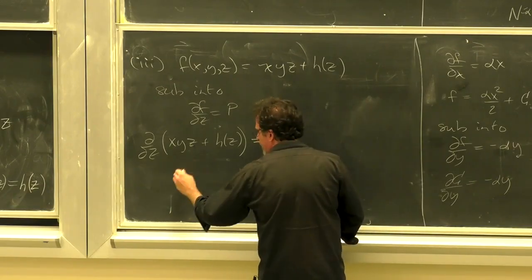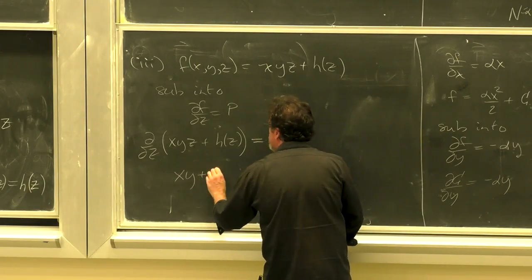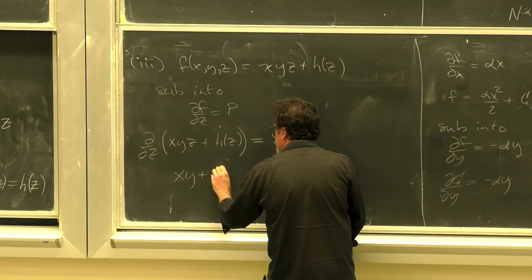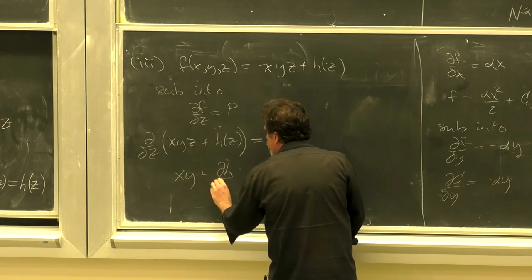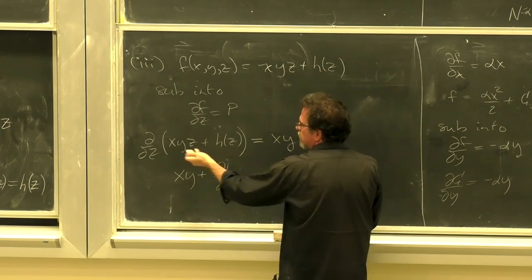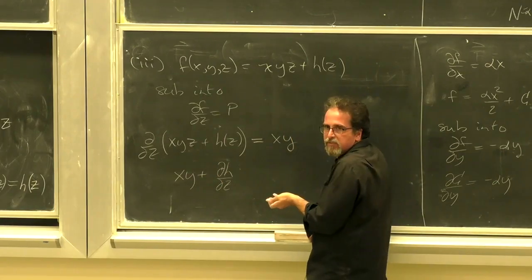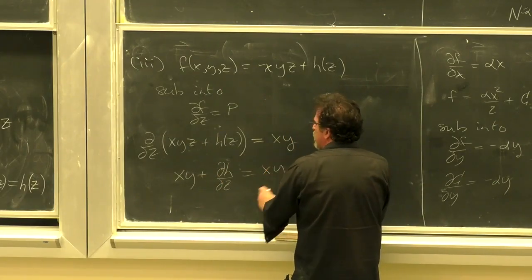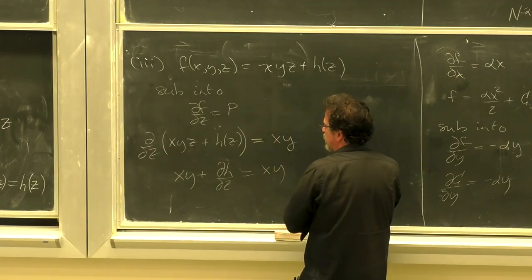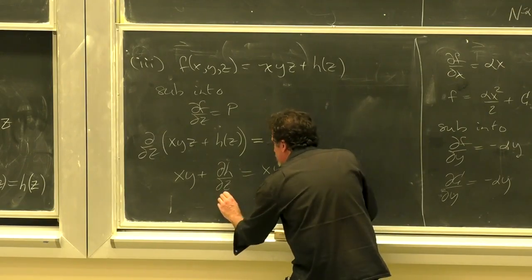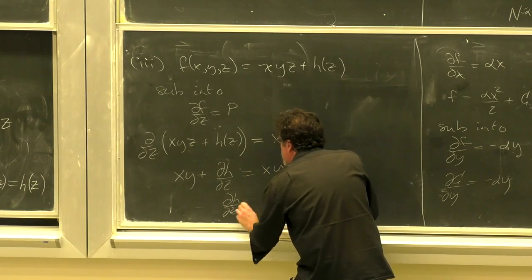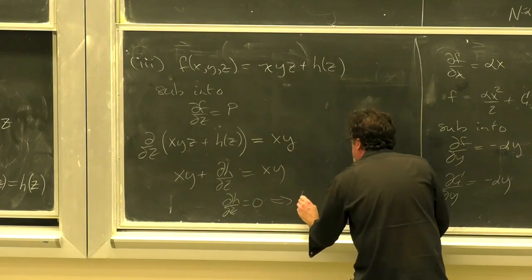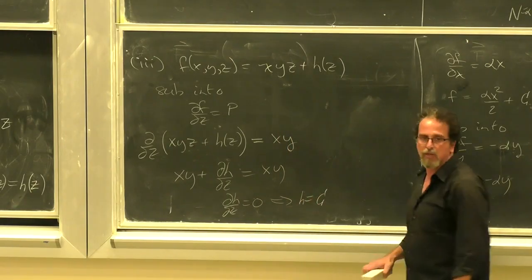Well, the left-hand side is xy plus dh/dz, and you could use the total derivative because h only depends on z, or just stick with the partial derivative to make your life not any more challenging. This says xy plus dh/dz is equal to xy. That means dh/dz is equal to 0, and that means that h is equal to a constant, a true constant.